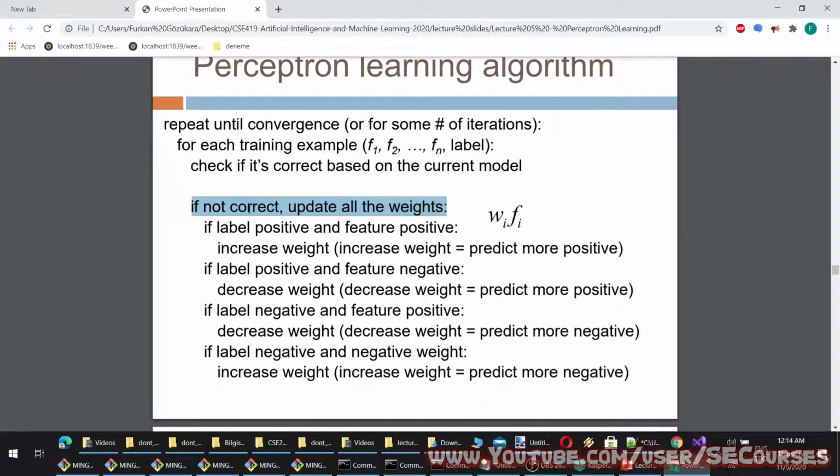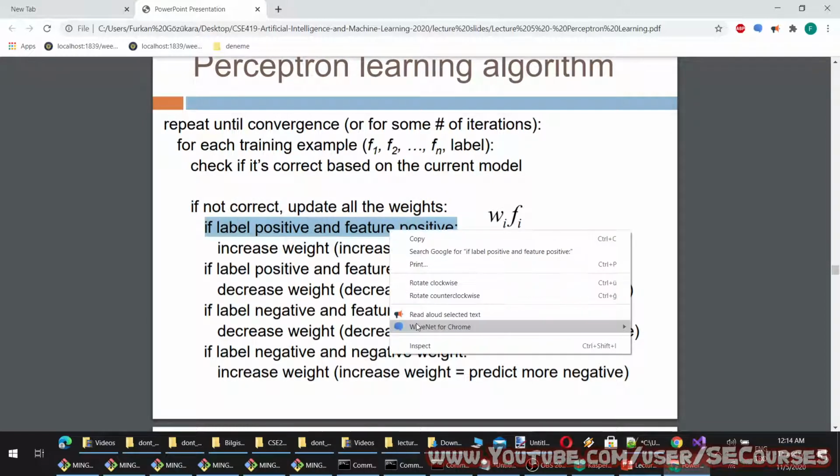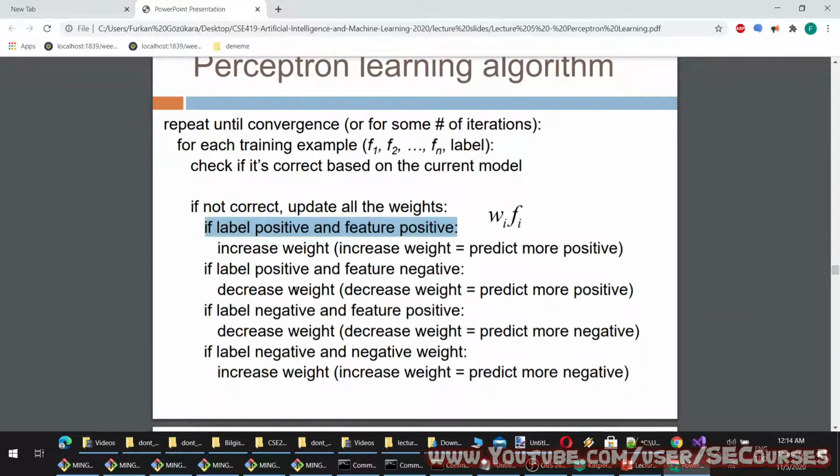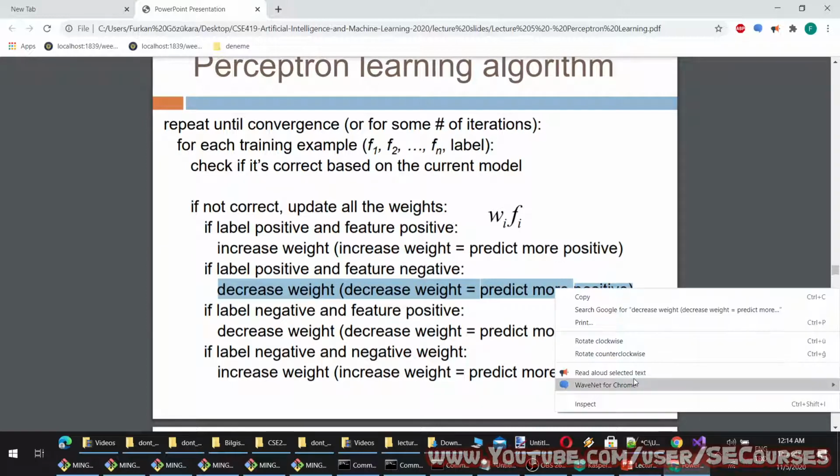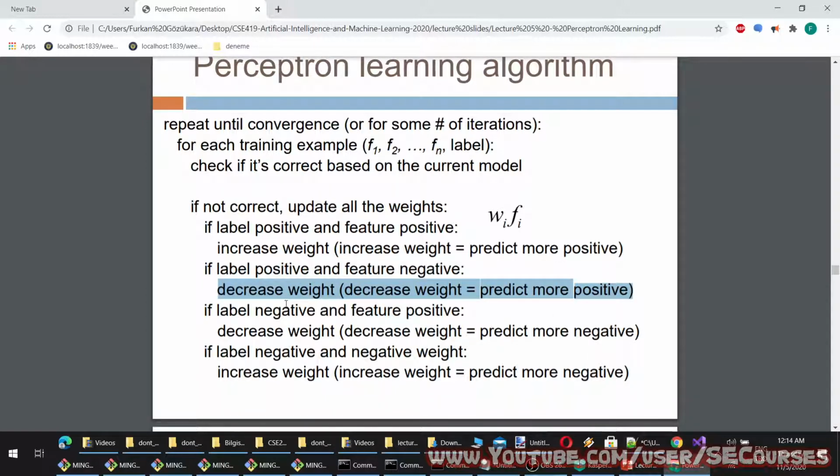If not correct, update all the weights. If label positive and feature positive, increase weight equals predict more positive. If label positive and feature negative, decrease weight equals predict more positive.